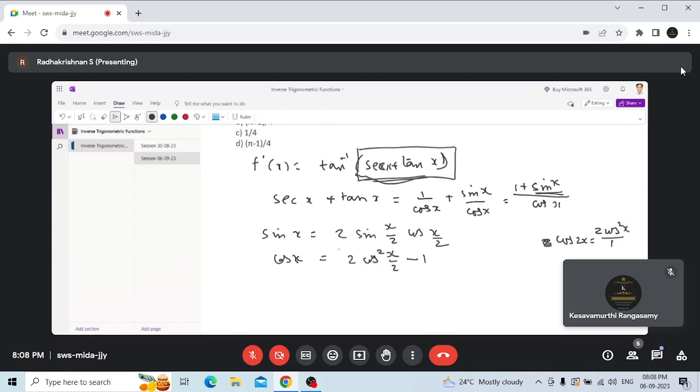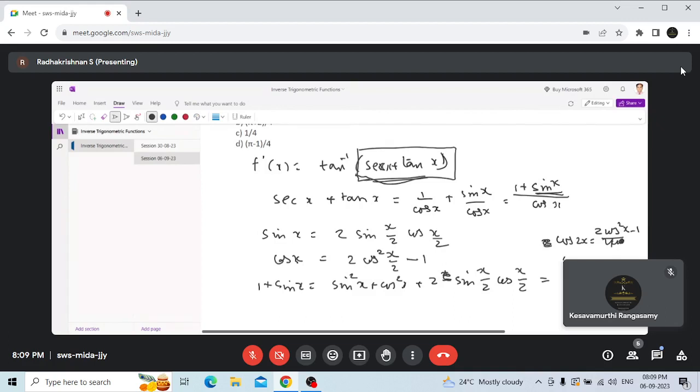So now the numerator is 1 plus sin x. We can write 1 plus sin x as sin square x by 2 plus cos square x by 2 plus 2 sin x by 2 cos x by 2, which is equal to sin x by 2 plus cos x by 2 the whole square.